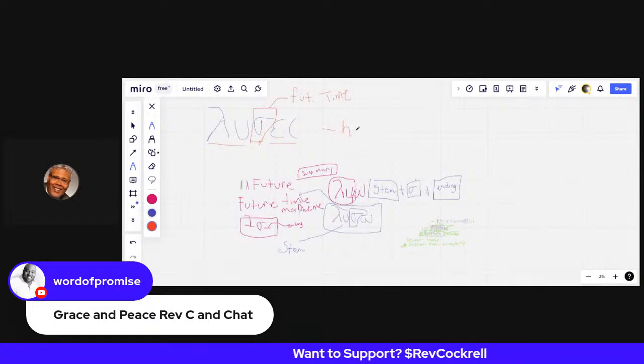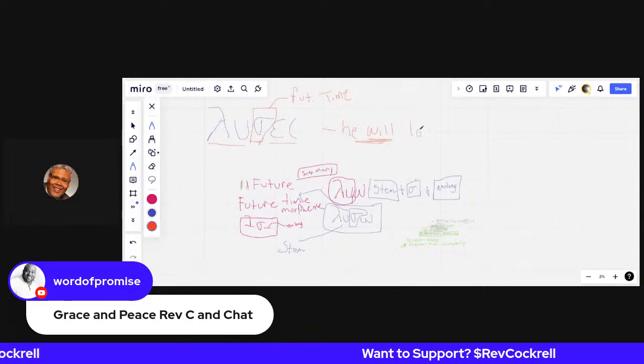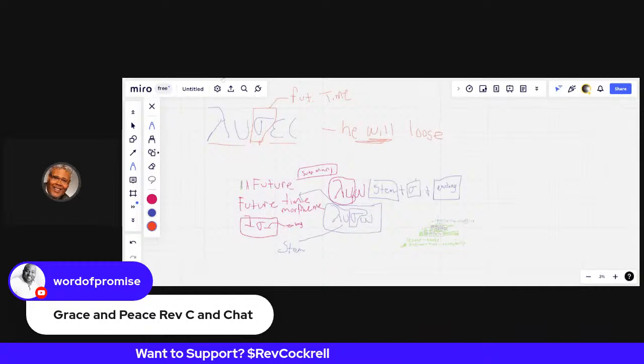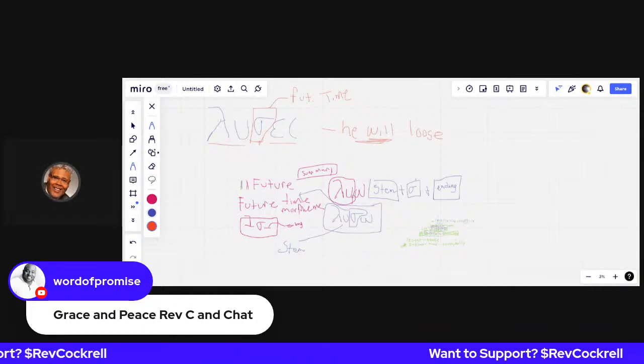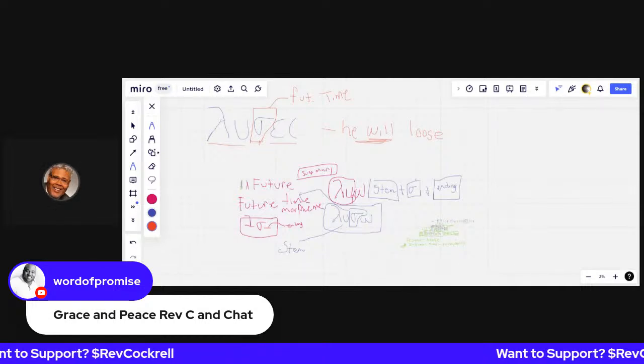So he will. And this lets you know it's future. He will loose. Oftentimes they'll teach you the future and the present together in Greek because all you're doing is adding an S or a sigma to it. You're just simply adding a sigma to your stem before you add your ending to it.